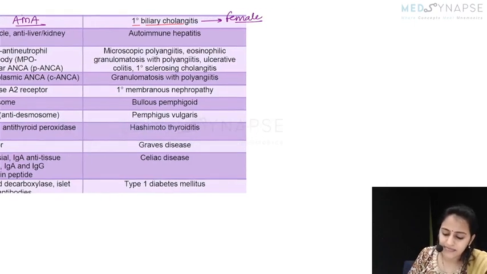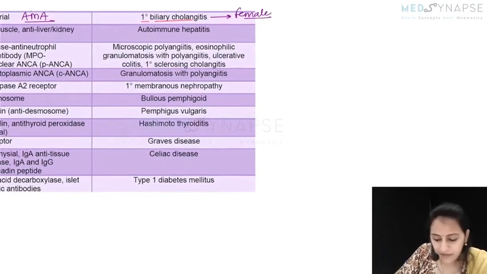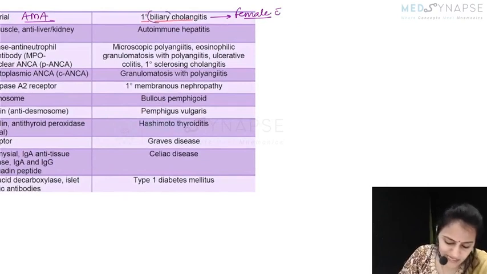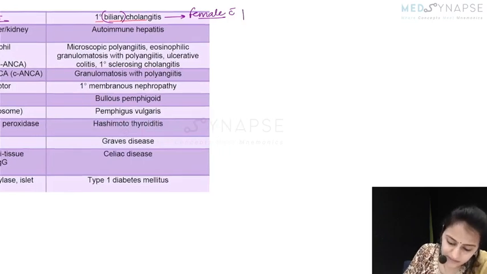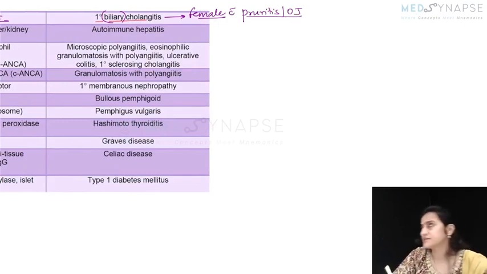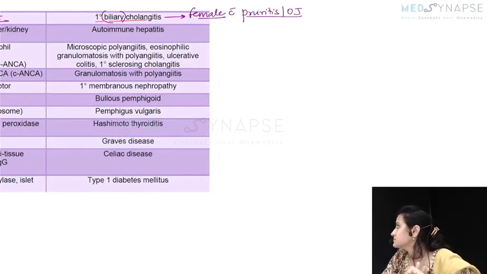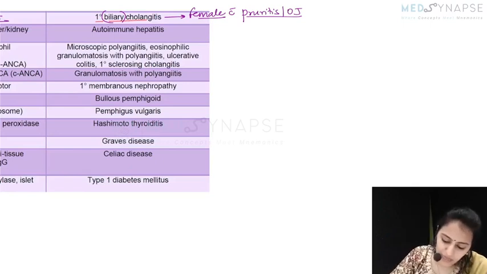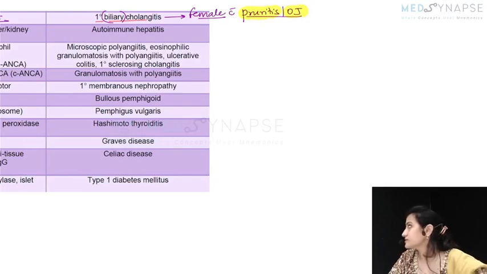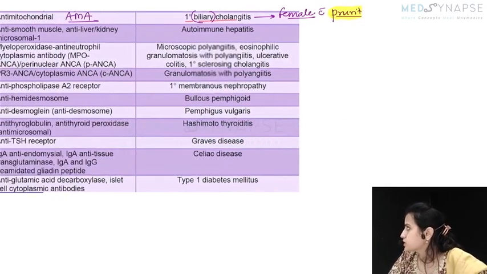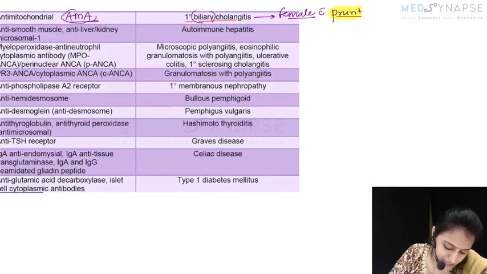An adult female patient presenting with a biliary obstructive cause presents with what features? Pruritus, obstructive jaundice. Remember, pruritus is the important feature of any obstructive biliary cause. You will test for AMA, anti-mitochondrial.